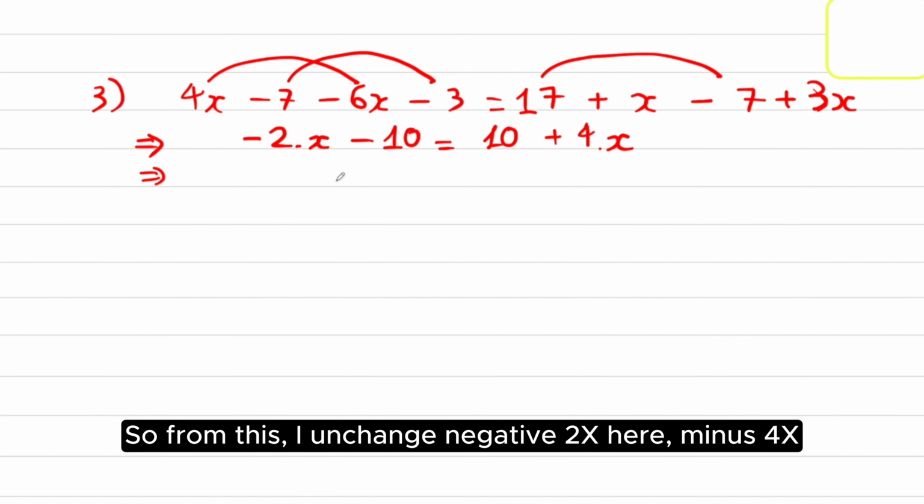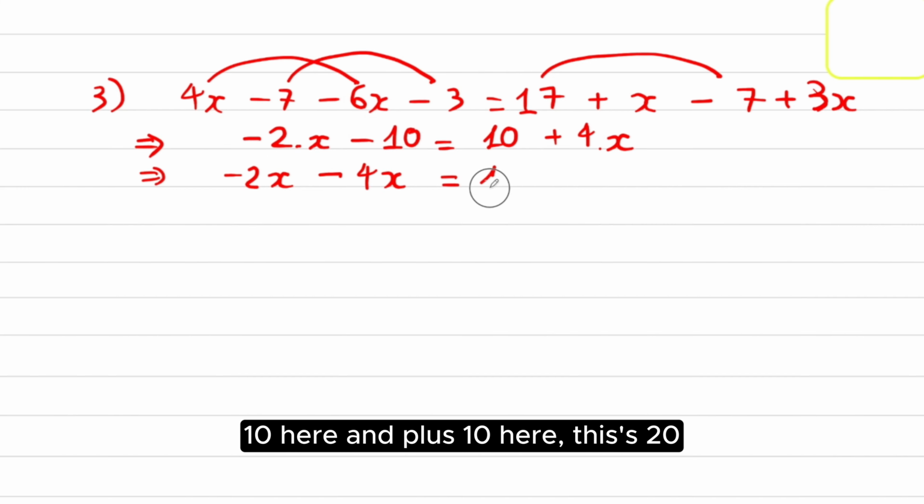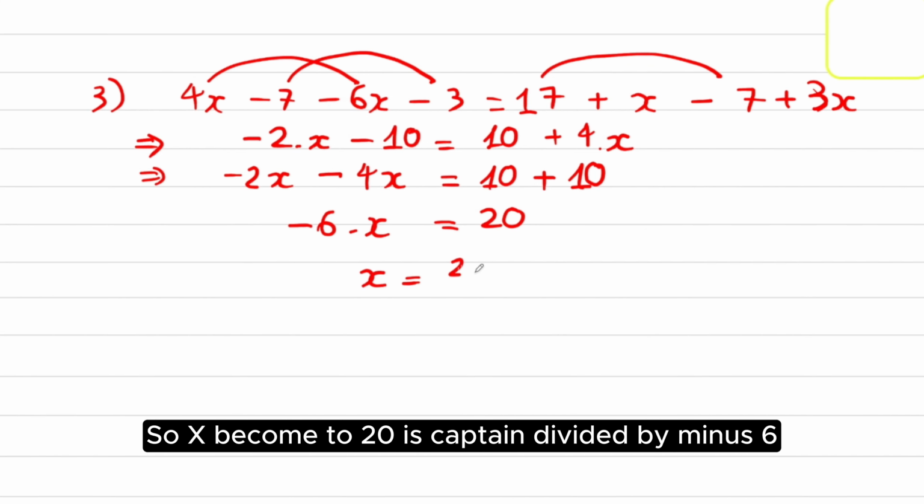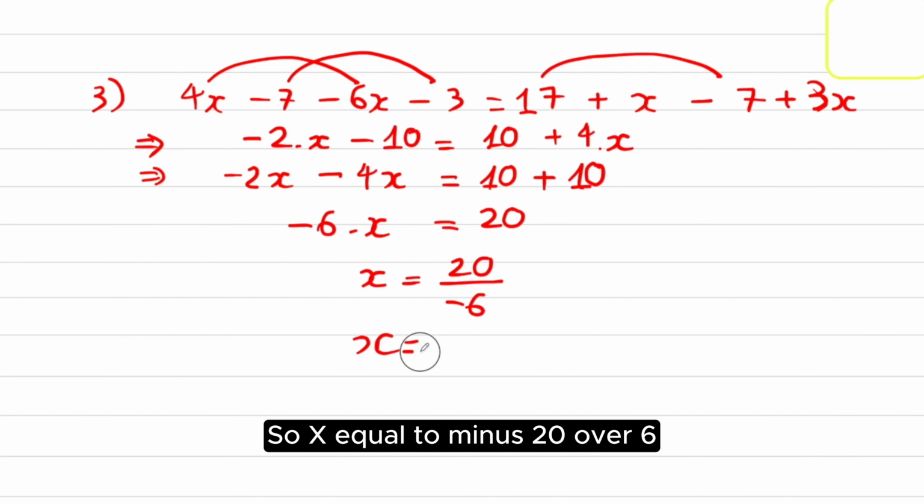So from this I will move the 4x to the left, and the -10 to the other side, plus 10 here. Okay, this is 28, and this is -6 times x. So x becomes 28 divided by -6.